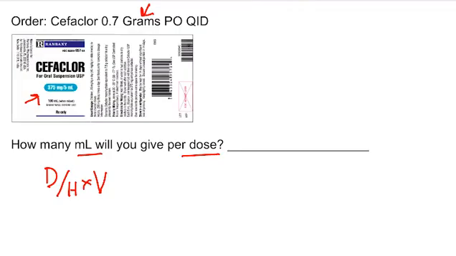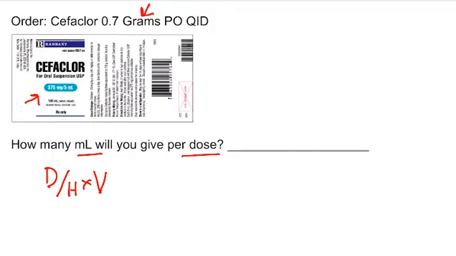D over H times V is a shortcut to the ratio proportion. It is one formula that I do recommend you know, just because it's really fast and easy. If you know anything about nursing, you know that we have to be very efficient with our time. So I do recommend you learn this one formula, but you're also welcome to set up a ratio and proportion to solve any of these calculations.